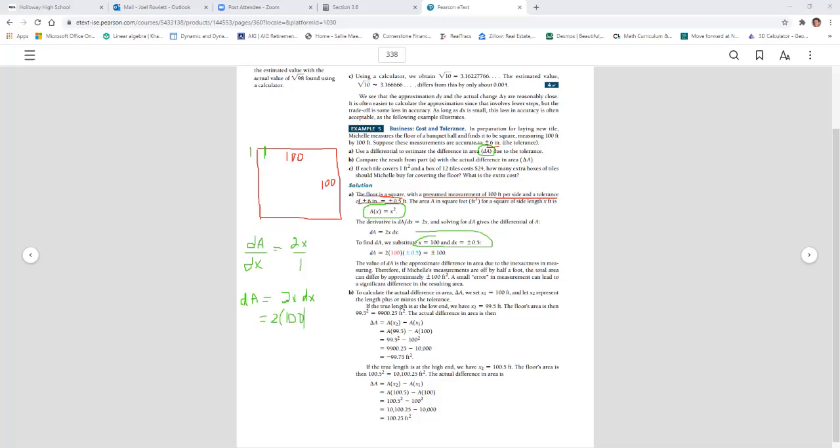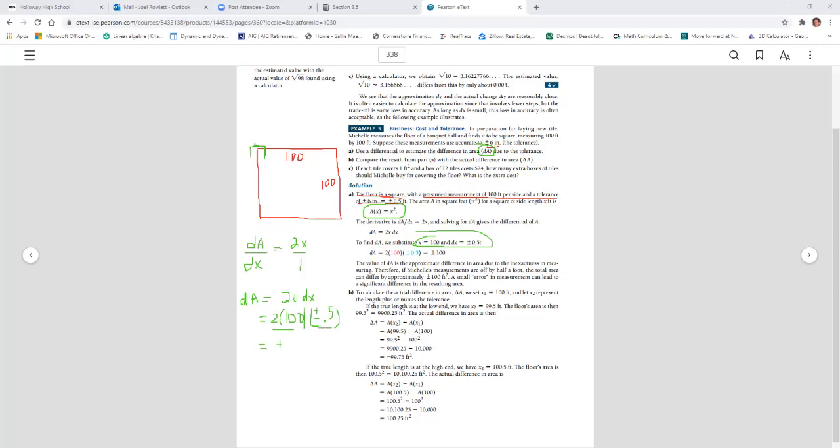And we know that the tolerance either way on the measurement is going to be plus or minus, I'm sorry, 1/2 of a foot, 0.5. And if we multiply 2 times 100, we get 200. And then 200 times 1/2 is 100.